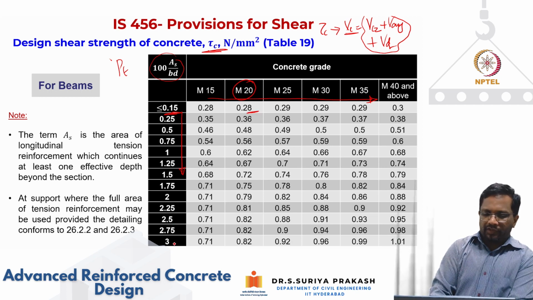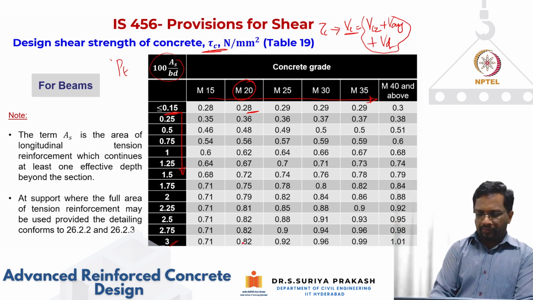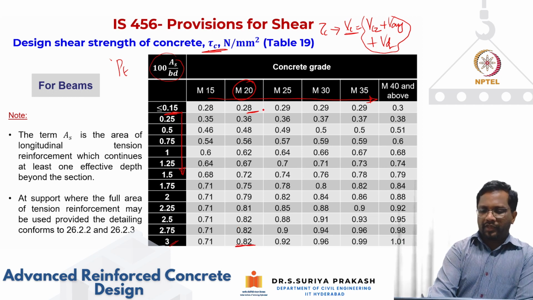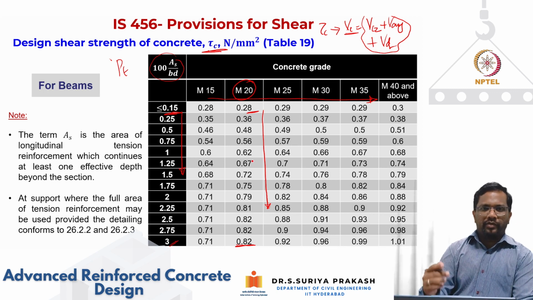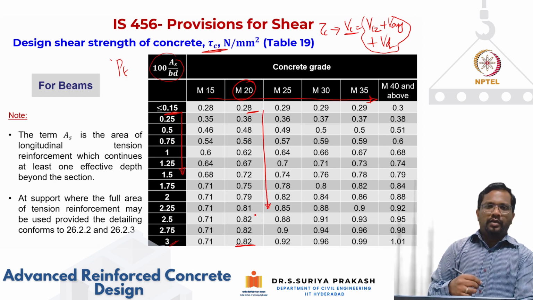When the percentage of steel becomes 3%, it becomes 0.82. So 0.28 has increased. So you can see that for a particular grade of concrete, the more steel I provide, the higher the tau c. Okay, why is it?